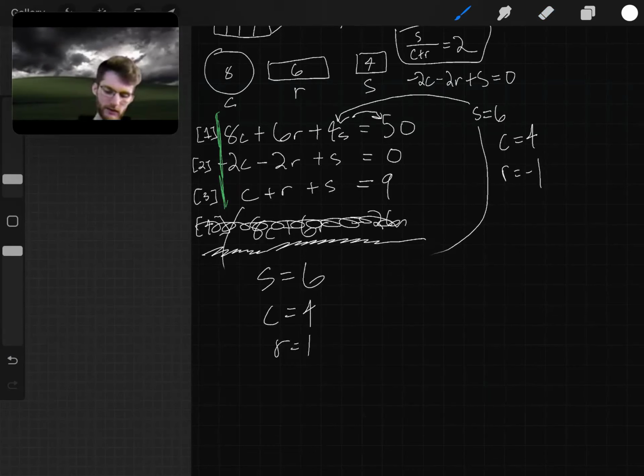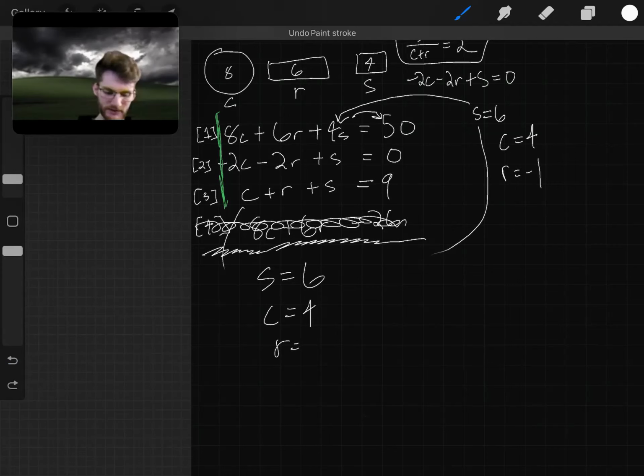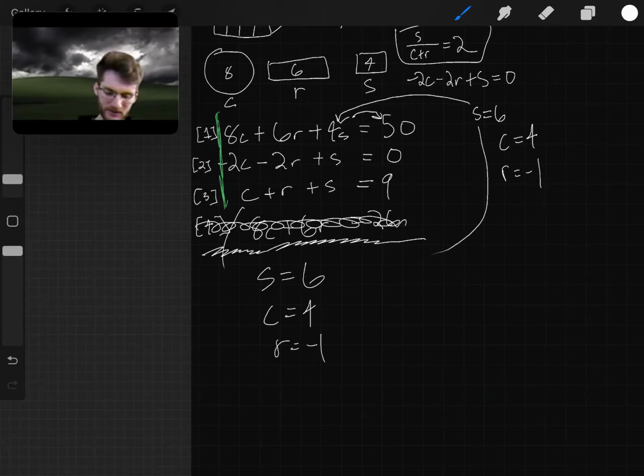What if I just add 1 here, and I'm gonna subtract 1 here, so that I'm just modifying my answer a little bit so that S equals 5, C equals 4, and R equals 0.